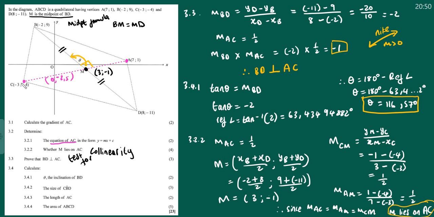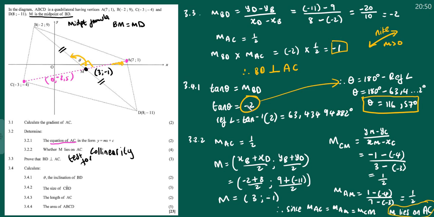If I wanted the angle of inclination for AC, it would be this small angle here, and I wouldn't have to say 180 minus the reference angle, because that line has a positive gradient. So whenever you write tan of angle of inclination is equal to gradient, if the gradient is negative, you are always going to say 180 minus the reference angle.